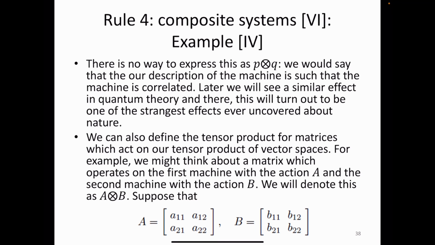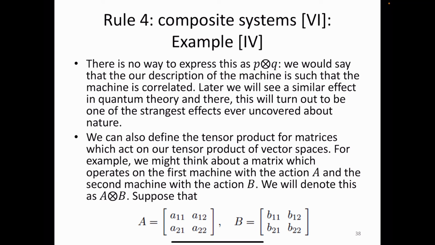And as we said, there is no way of expressing it as a tensor product of these two states P and Q. So we say the machine state is correlated, but for quantum computing, remember, it's entanglement, but that's something different. Entanglement refers to stronger than normal correlation, and purely quantum.